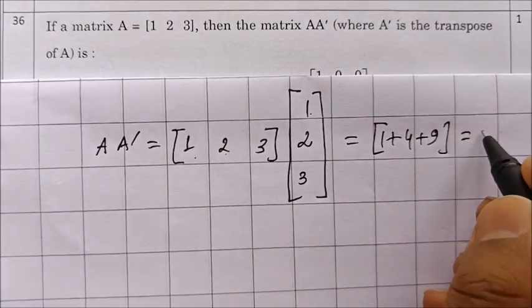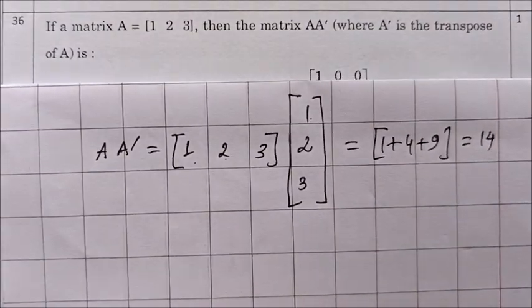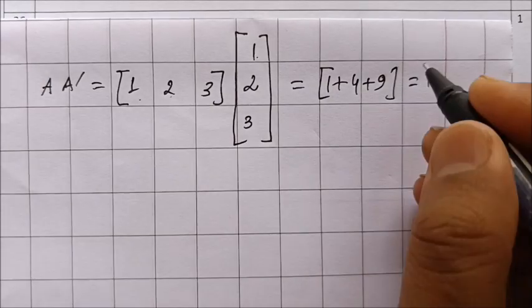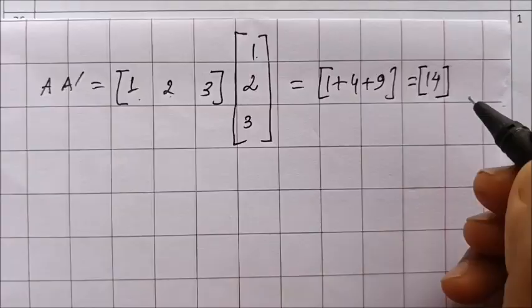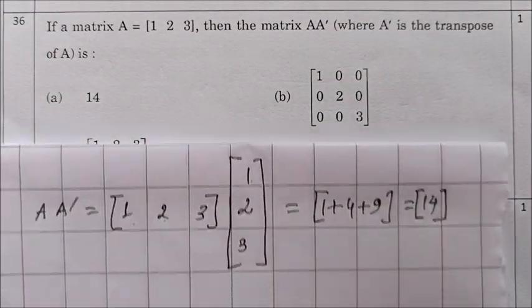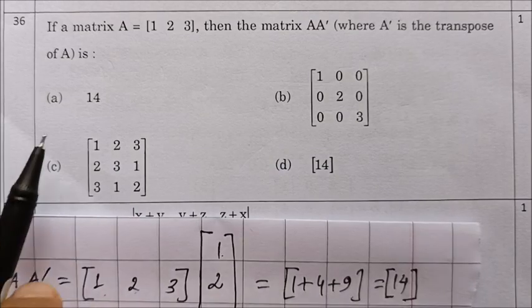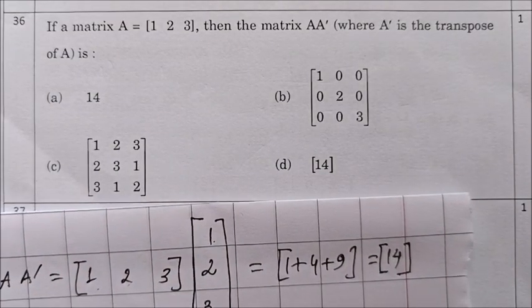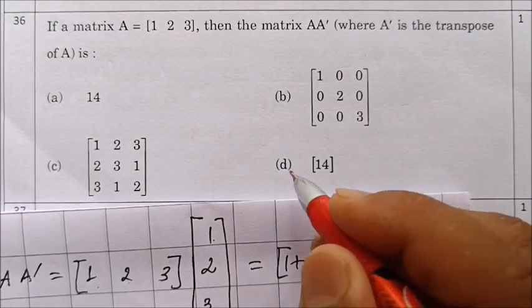So the answer will be 14. Not 14, a 1 by 1 matrix containing 14. So usually students sometimes get excited and tick 14 here. So be careful. It is a matrix containing 14. So the answer is D.